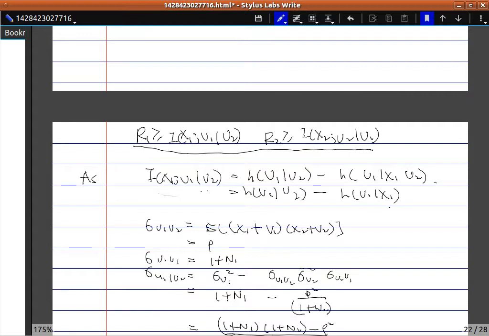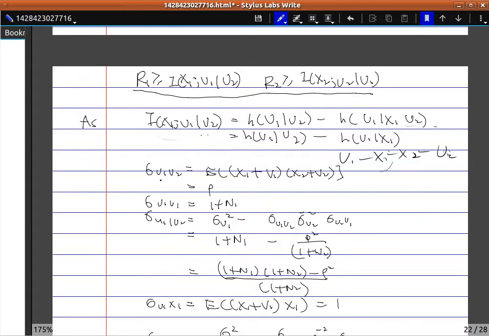Because of the Markov chain x1, x2, u1, u2, if we consider variable u1 given x1, then x2 and u2 we can ignore, so we can remove this one here.